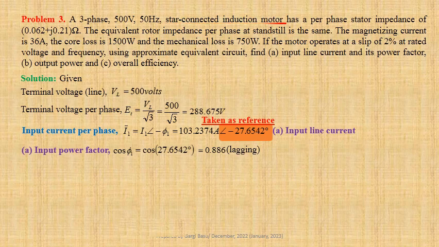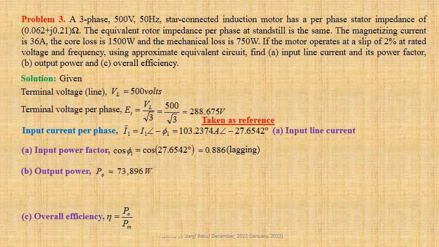Let us now determine overall efficiency of the motor. Eta equals PO divided by Pin. We have computed output power PO equals 73,896 watts and total input power Pin equals 79,651.706 watt.